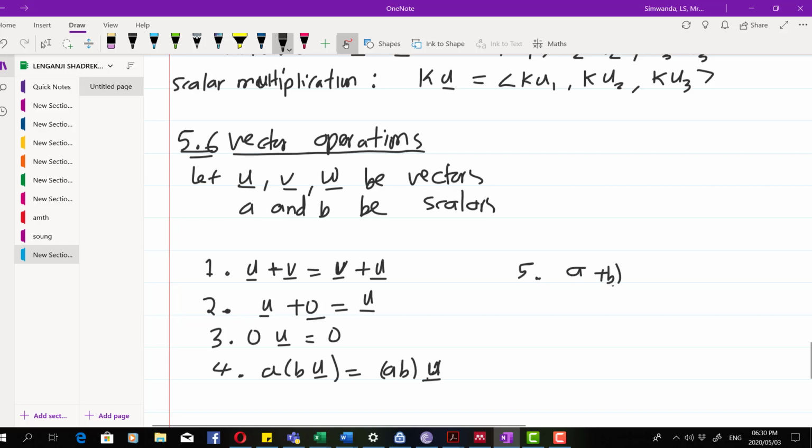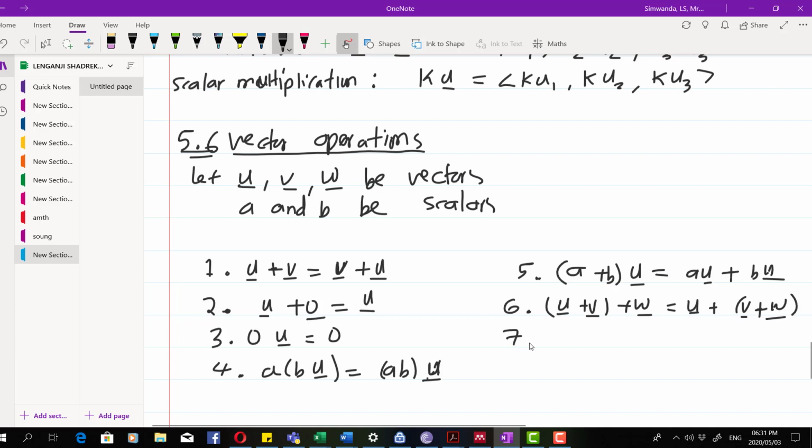If you have an addition of two scalars multiplying a vector, you can always apply the distributive law. Then we also have the associative law on vectors. It doesn't matter how you add three vectors, whichever order you start with, you still get the same vector.